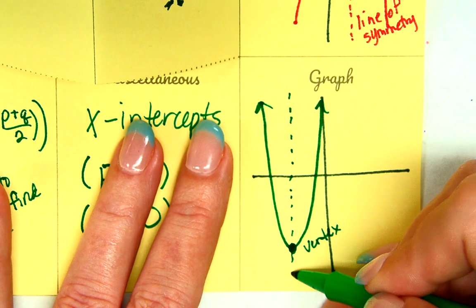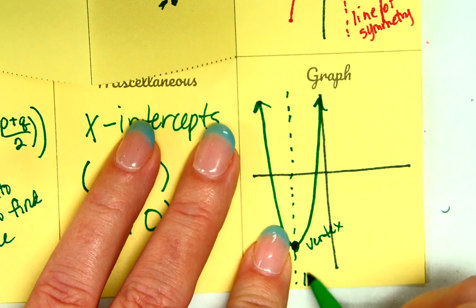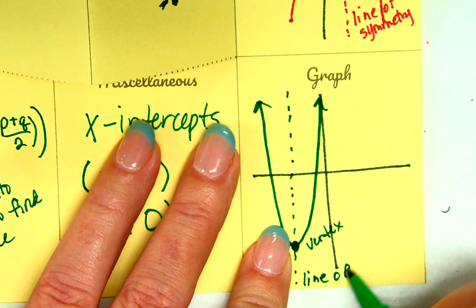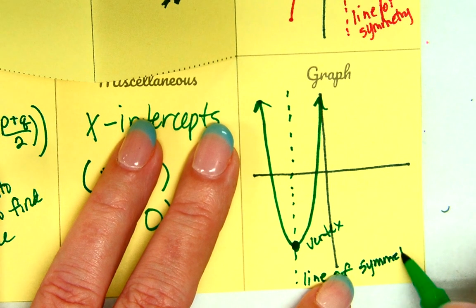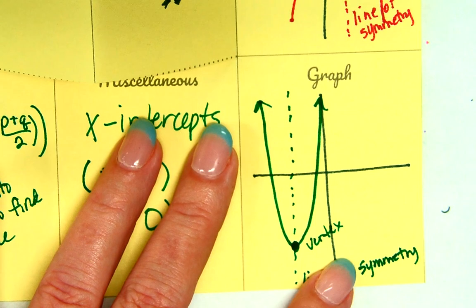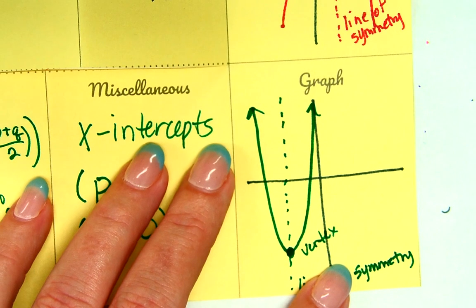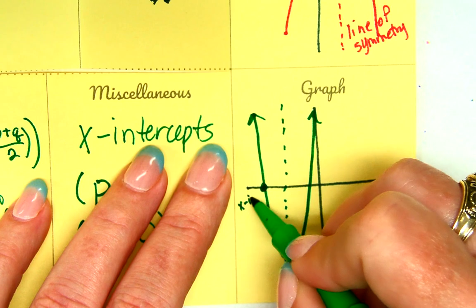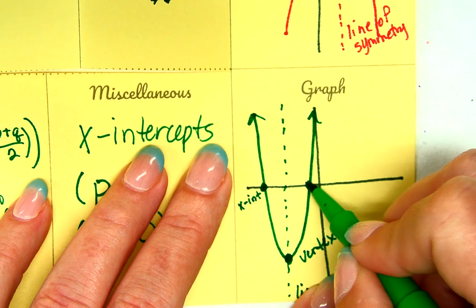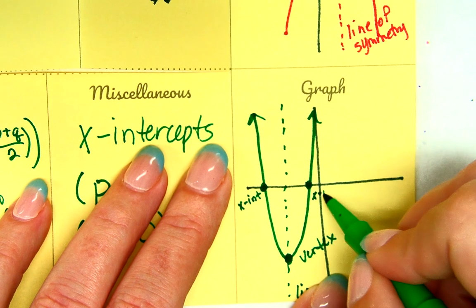For sure I know axis of symmetry or line of symmetry, right? And what else do I know? Yep, x-intercepts. That's an x-intercept. That's an x-intercept.